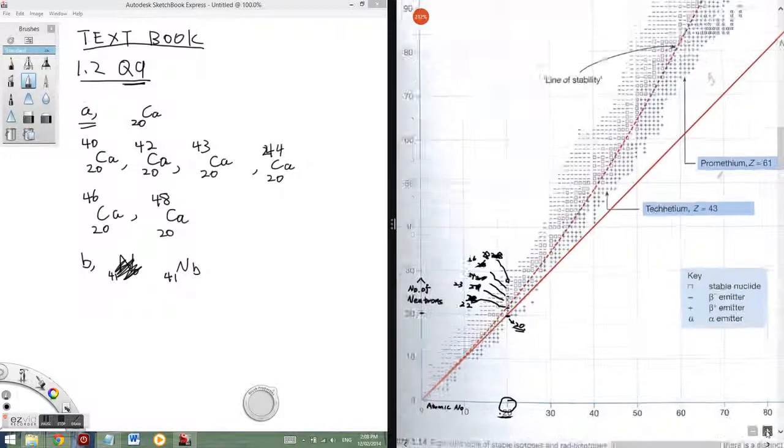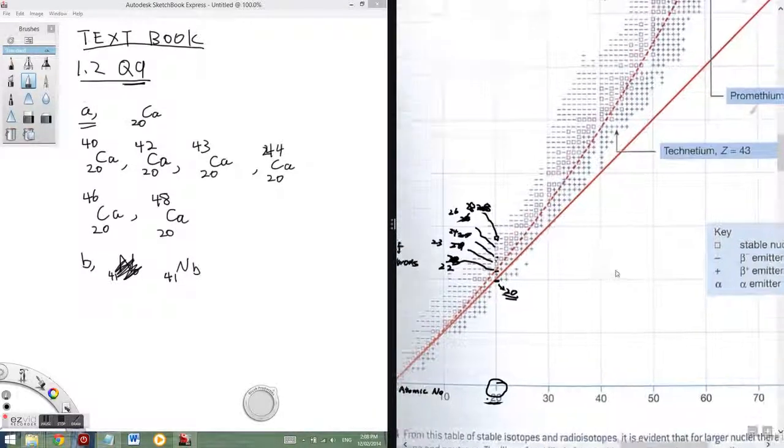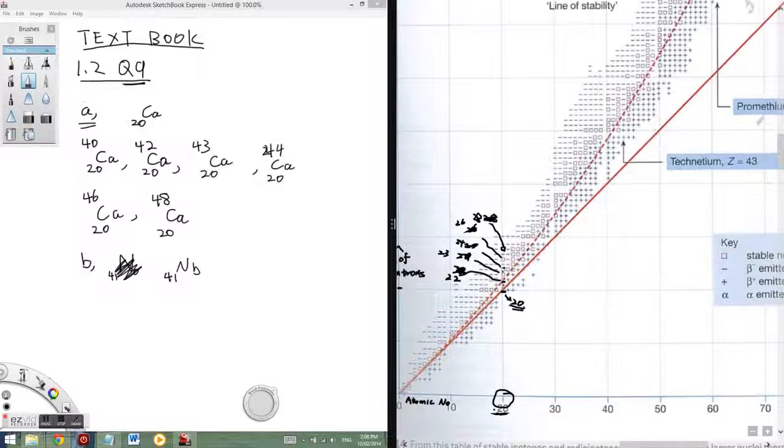Let's enlarge it. If we look, this vertical line should be 40. We're not interested in 40; we're interested in 41, so this line must be 41.